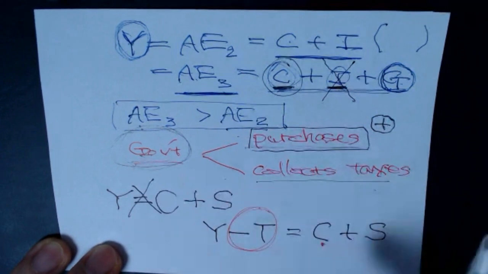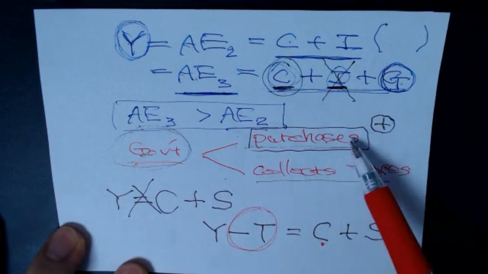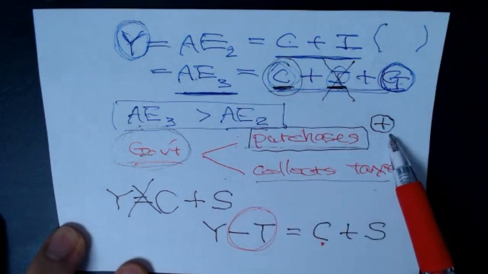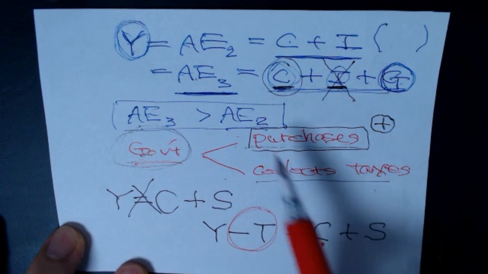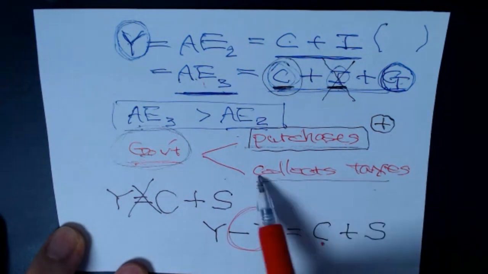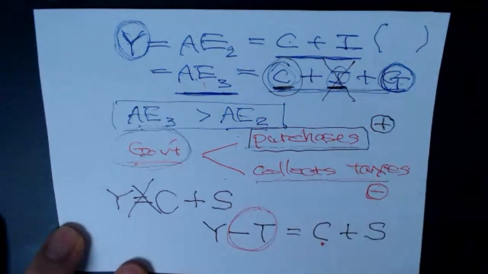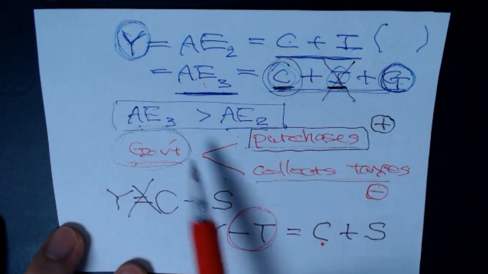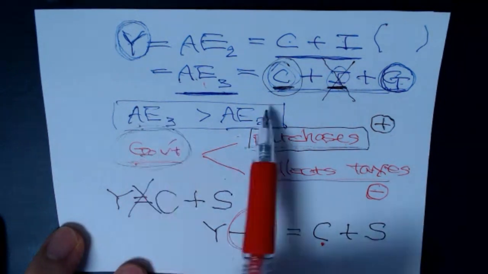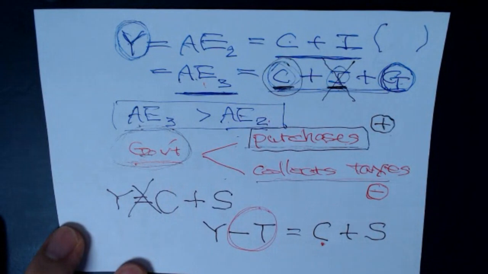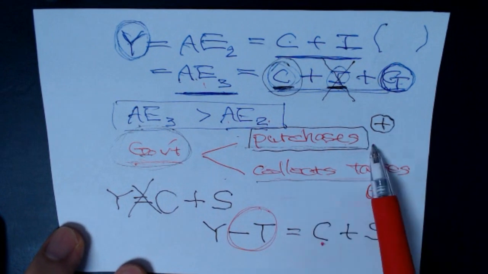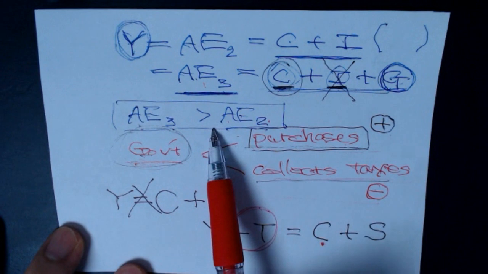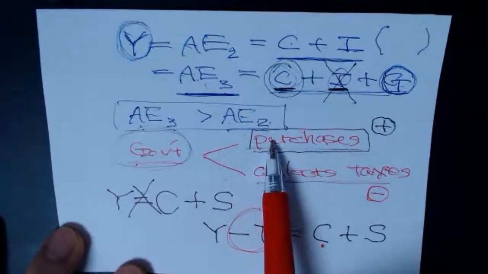So the government has a dual side. One side, it increases aggregate expenditure by purchasing more. At the same time, it decreases aggregate expenditure by collecting tax. So whether AE3 is always greater than AE2 depends on the amount of these two. If the government collects too much tax compared to its purchases, then we cannot guarantee that this happens, right?